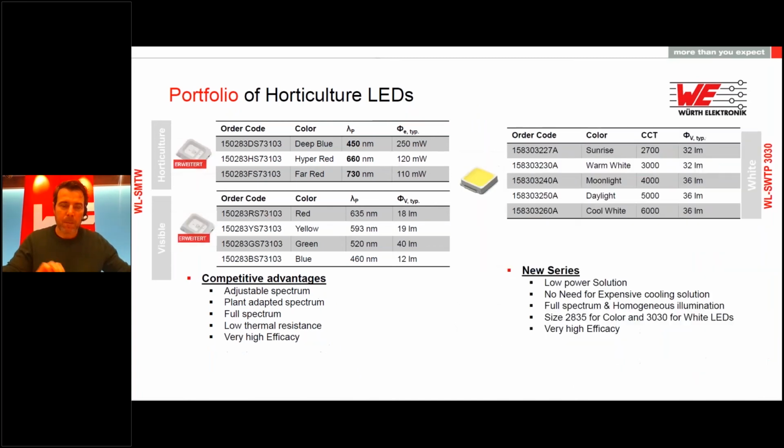In addition, we also offer mid-power products with a driving current of 150 milliampere, again in the three horticulture colors, 450, 660, and 730 nanometer, and of course solutions which allow you to add your own colors, the standard red, yellow, green, blue, and the wide spectrum from 2700 up to 6000 CCT for your flexible solution.